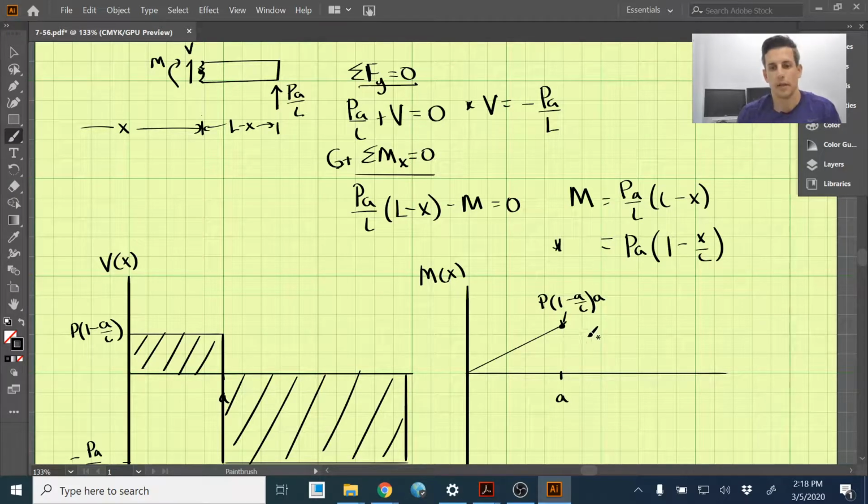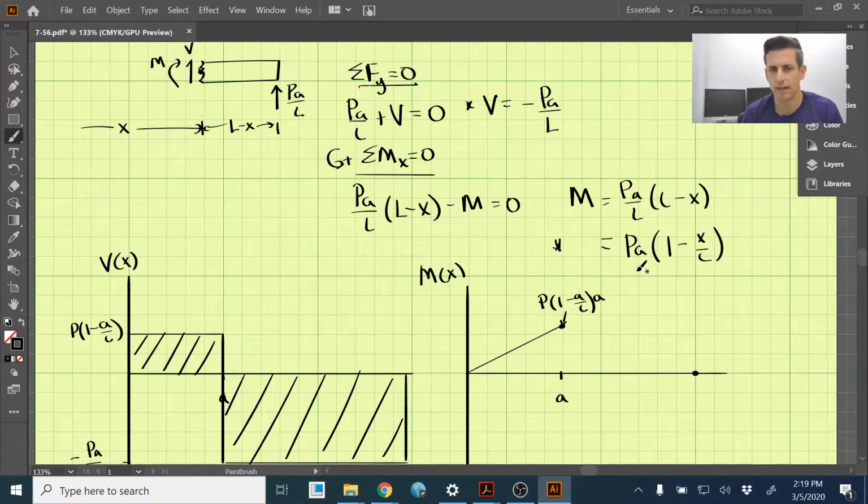Now let's look at our second equation, for x between A and the end of the beam L, and that is here. If we were to sub in L to this equation, we would have 1 minus L over L, which is 1 minus 1, which is 0. So at the end of the beam, the moment goes to 0.